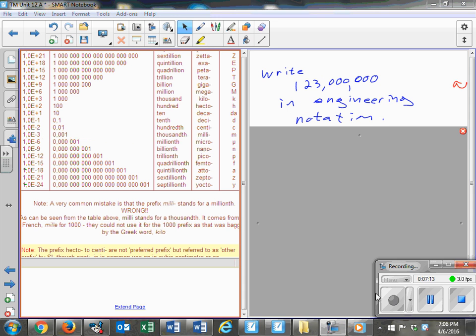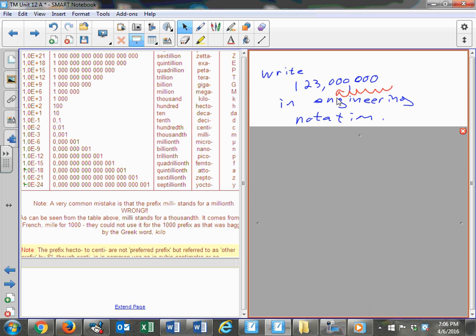I know I said the last one was going to be the last one, but I thought of another one. So we might have to take something like 1, 2, 3, so that'd be 123 million, and write it in engineering notation. So going the other way. So again, engineering notation means you move the decimal point so the first number is between 1 and 1,000.